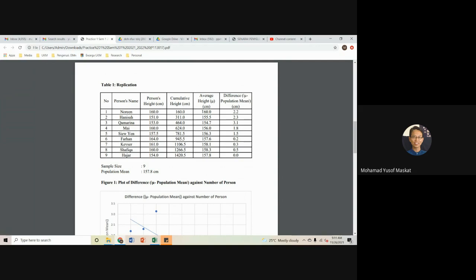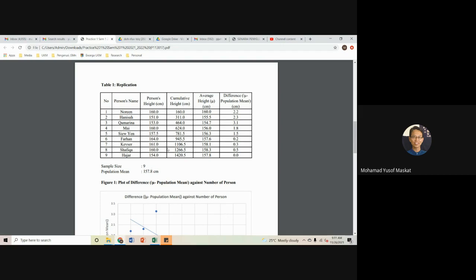The mean that we get from just one data is different from the actual population mean. So when we want to estimate, we want to be as close as possible to the population mean because we don't really know what it is. So what we can do is to estimate.